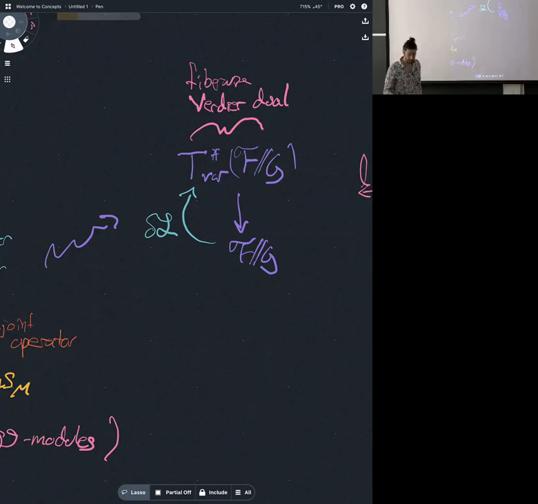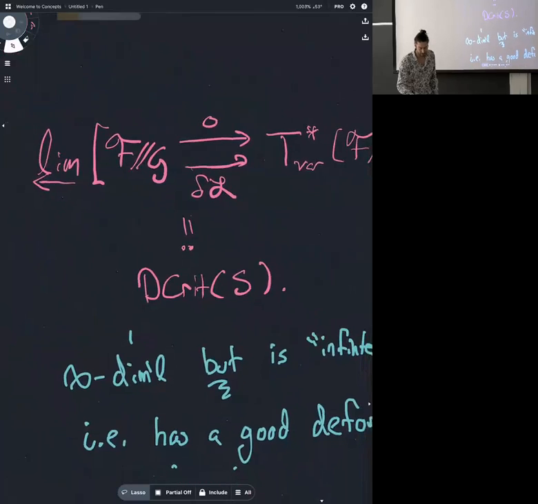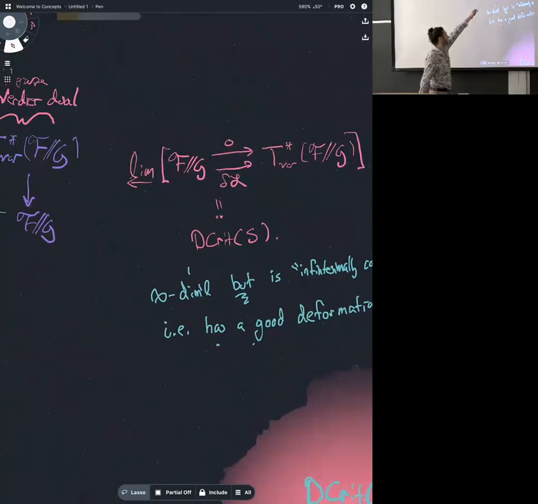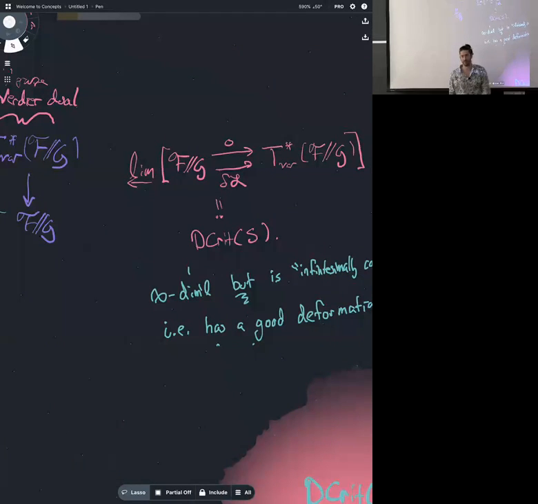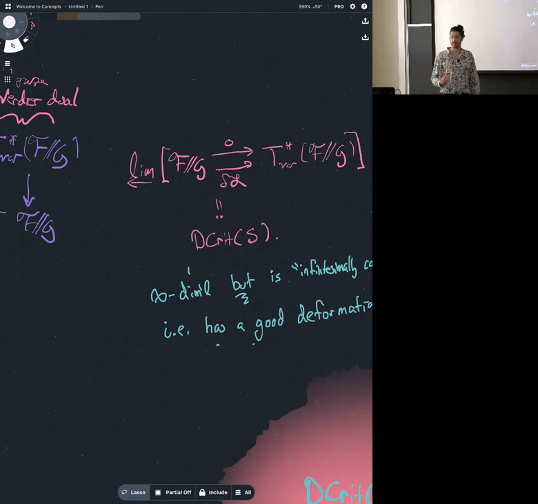And now we're in the derived setting, so anytime I take a pullback, it's a derived pullback. In this case, as an equalizer, I equalize the zeros and this variation, and I get the derived critical locus, some infinite dimensional derived differentiable stack. But it's an actual object.